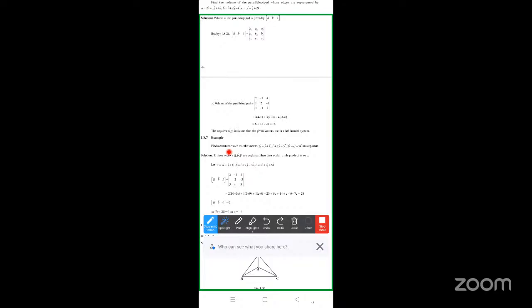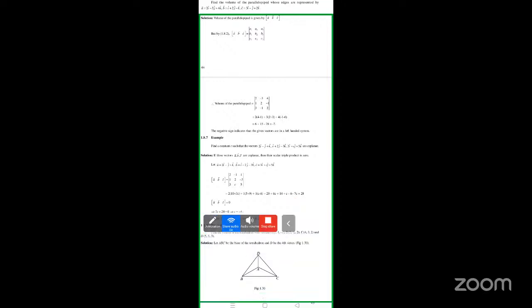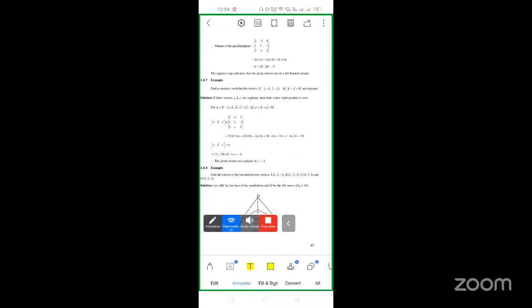So box ABC is the determinant of 2, minus 1, 1; 1, 2, minus 3; 3, C, 5, which is equal to 0. Expanding the determinant, we get 7C plus 28 equal to 0. So C is equal to minus 4. If the given three vectors are coplanar, then C must be equal to minus 4.